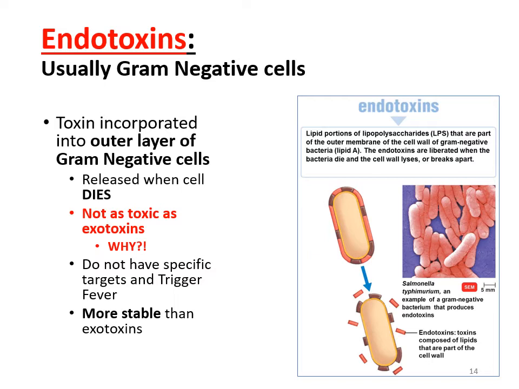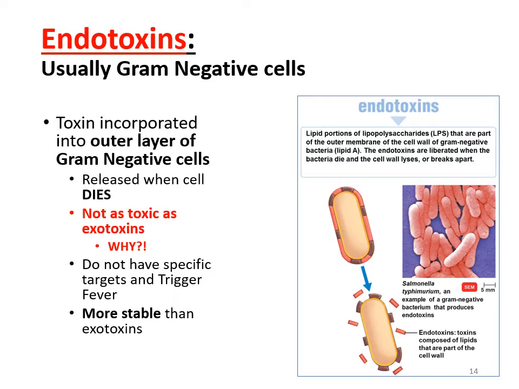Okay? So endotoxins are less toxic and released only when they die. And the other thing that they're most known for is causing fever. Now, one last bullet point that I mentioned here is that endotoxins are more heat stable.